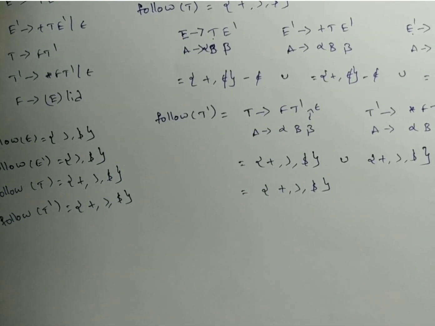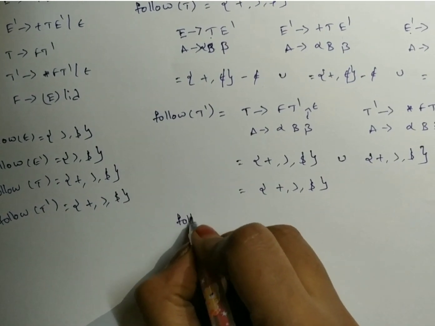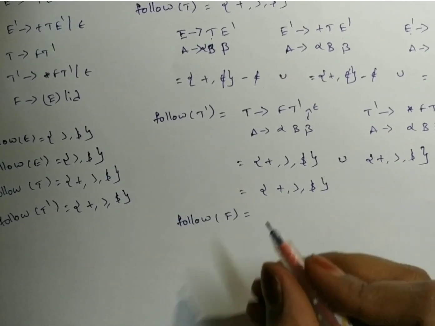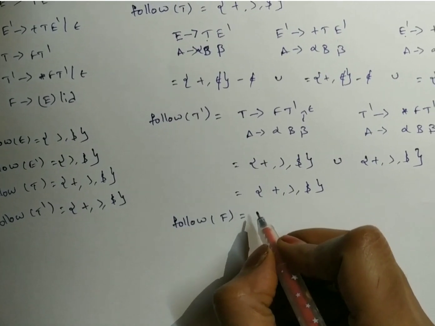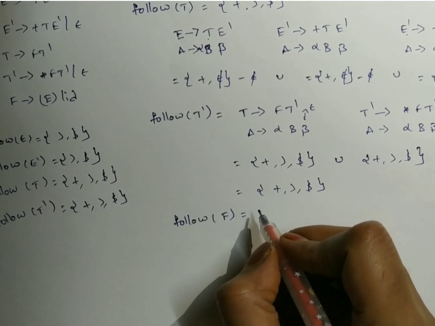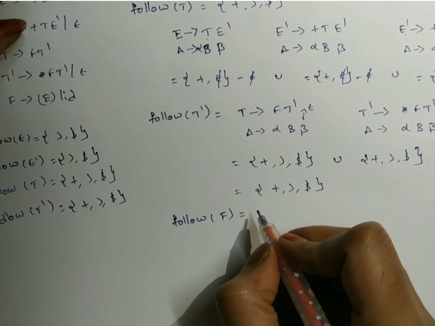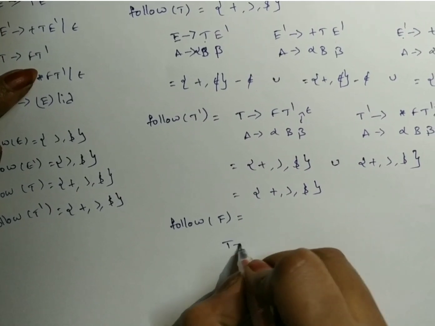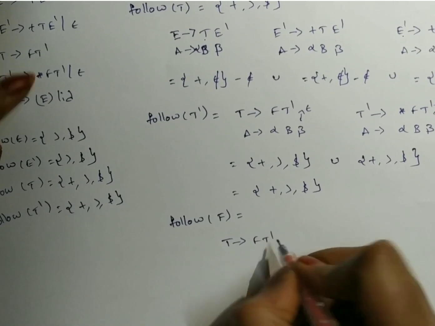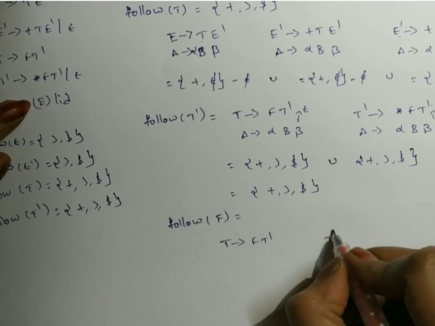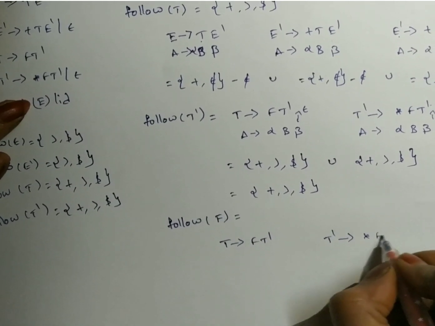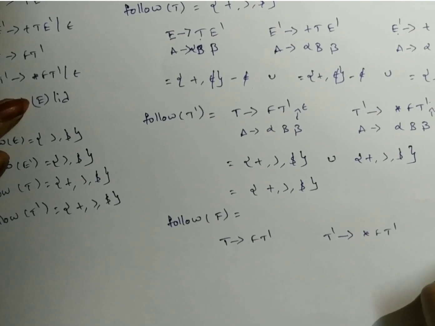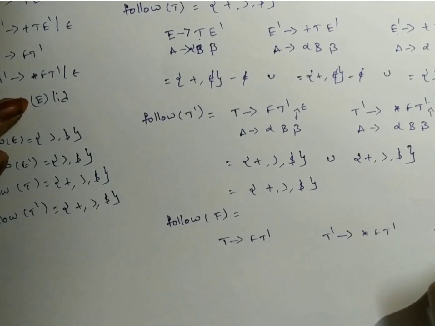Okay, in the same way I need to consider the follow of f. Okay, for considering the follow of f I need to choose all the statements which is having f in the right hand derivations. T derives ft dash, t dash derives star ft dash, and here we are having one more derivation, t dash derives star f.